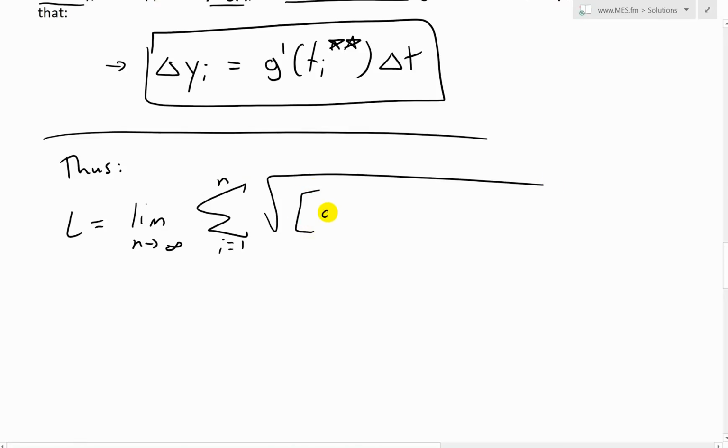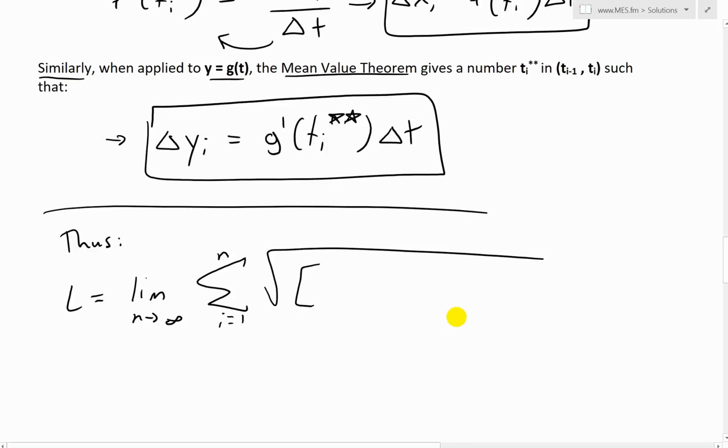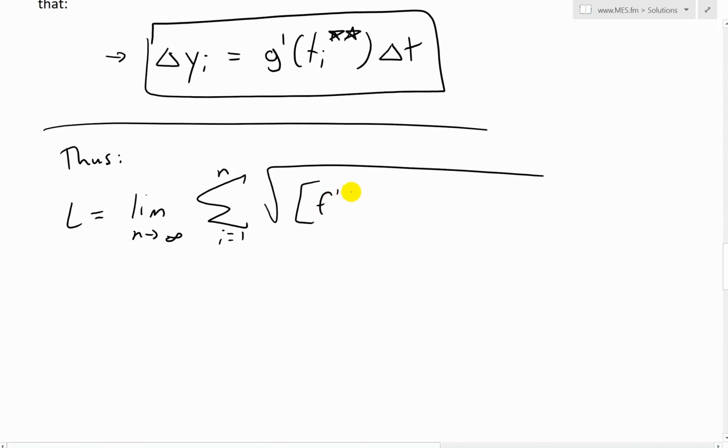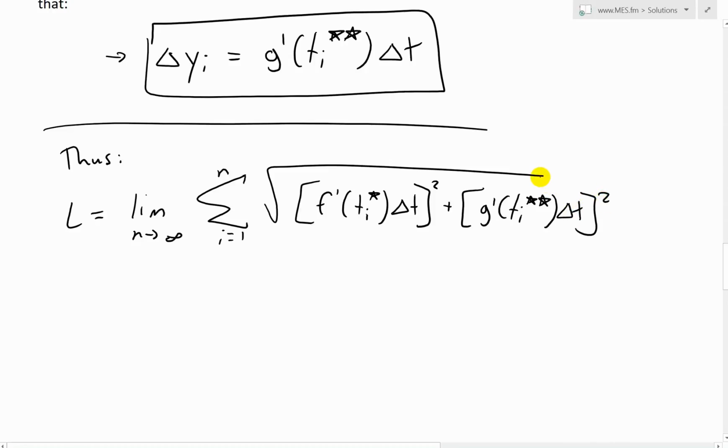The first one is delta x_i, which is f prime of t_i star, times delta t, squared, plus on this side g prime of t_i double star delta t, and then it's all squared.